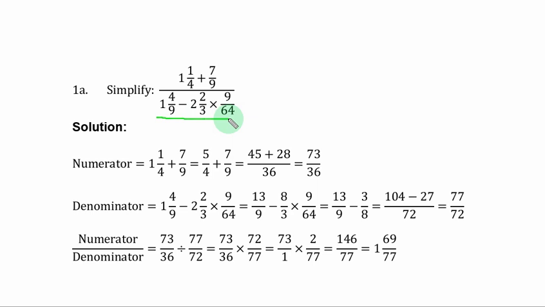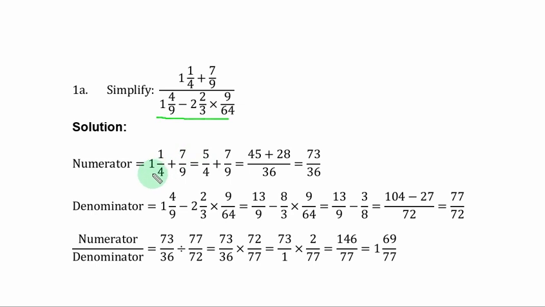Solution. Both numerator and denominator are fractional. So let's take the numerator and simplify it, then take the denominator and simplify it, and divide the results from both parts.